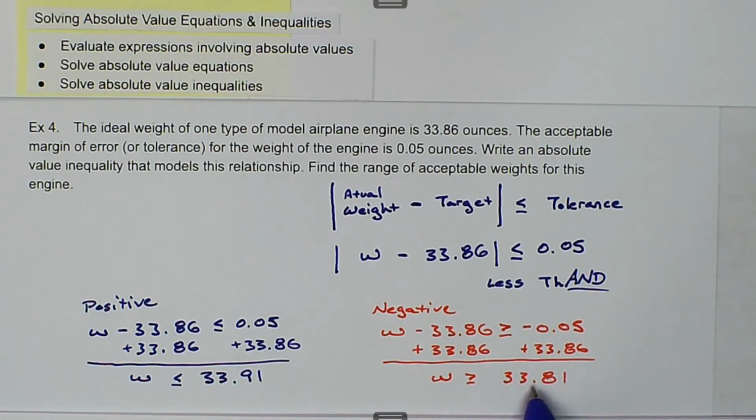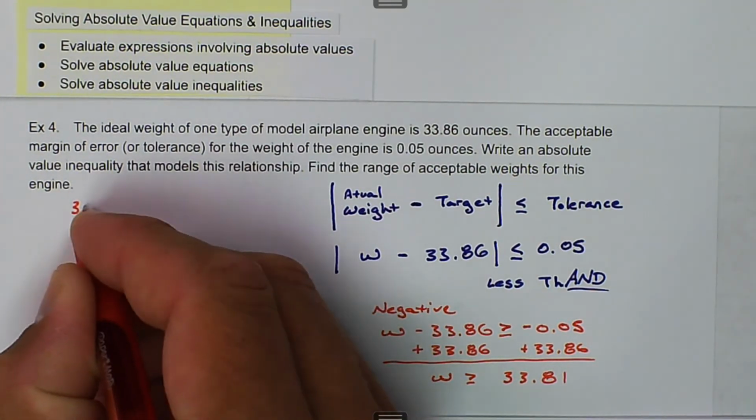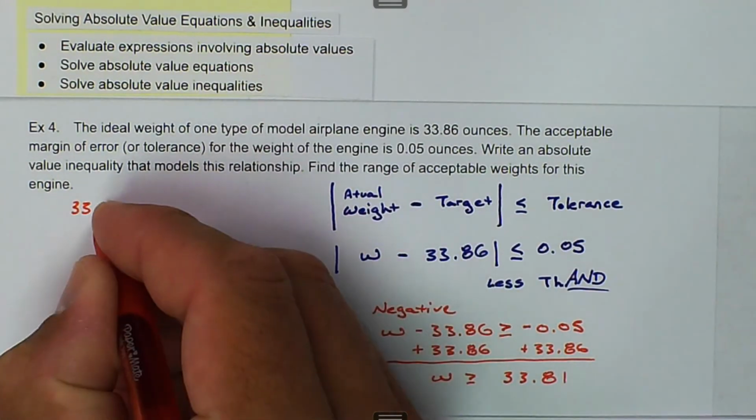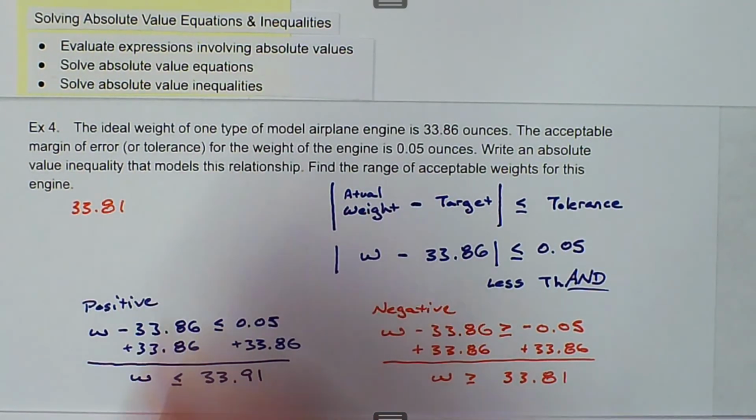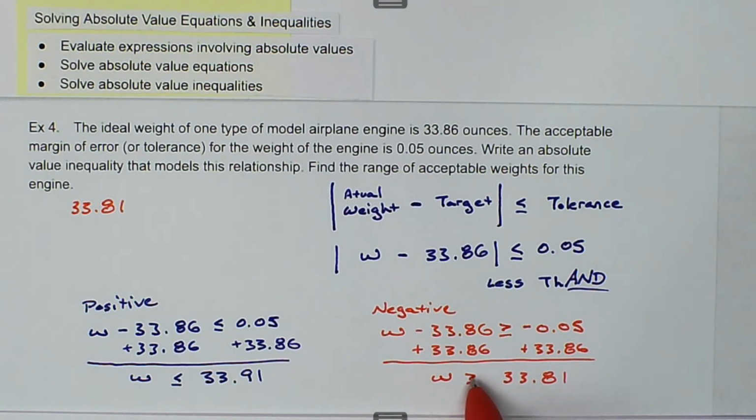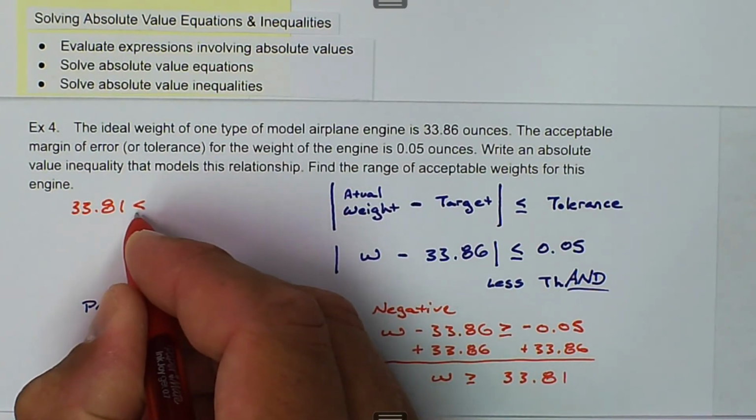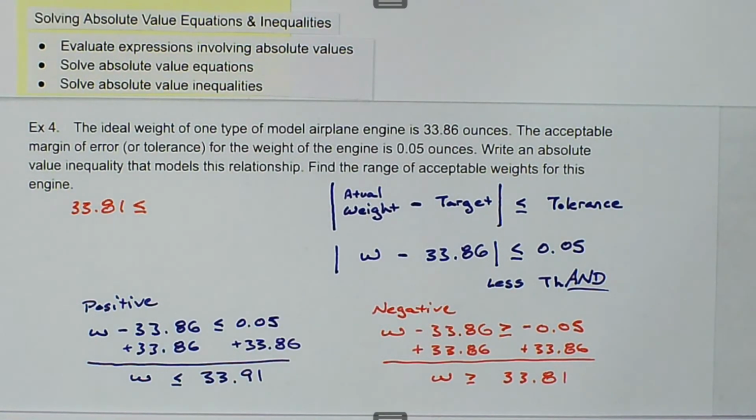So 33.81 is definitely smaller than 33.91, so we'll write that one on the left. We keep the sign the same, so the pointy side of the arrow points to the 33.81. We want to make sure that stays the same.